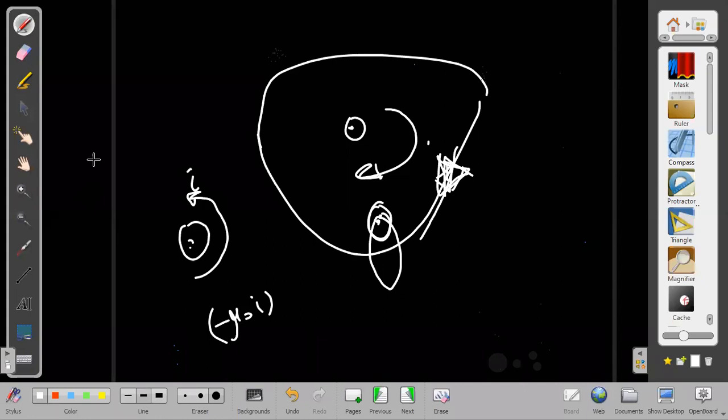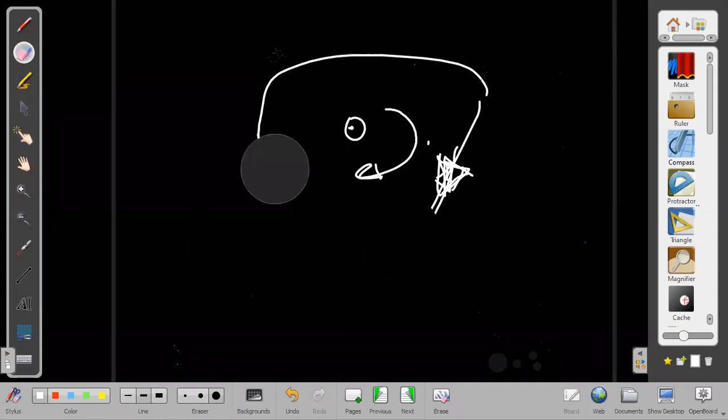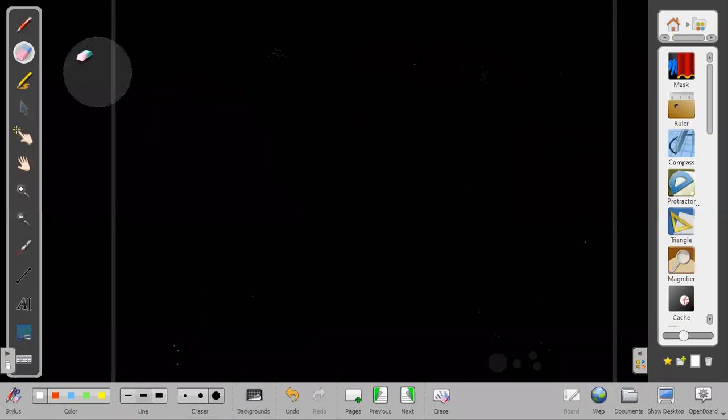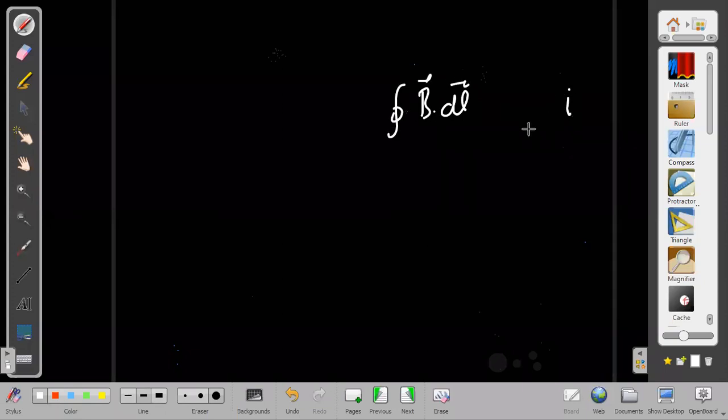So there will be two answers possible always, either minus mu naught into I or plus mu naught into I, depending upon the direction of line integral which we are taking, whether it is matching the direction of the sense of current or not by the right hand thumb rule.